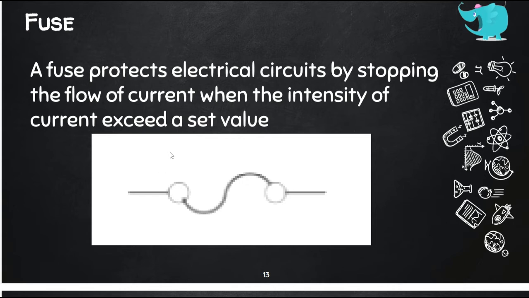This is what your father is always talking about when there are electrical interruptions. This component protects all your electrical appliances when there is a sudden or big flow of current or electricity in your household. So this is a fuse.